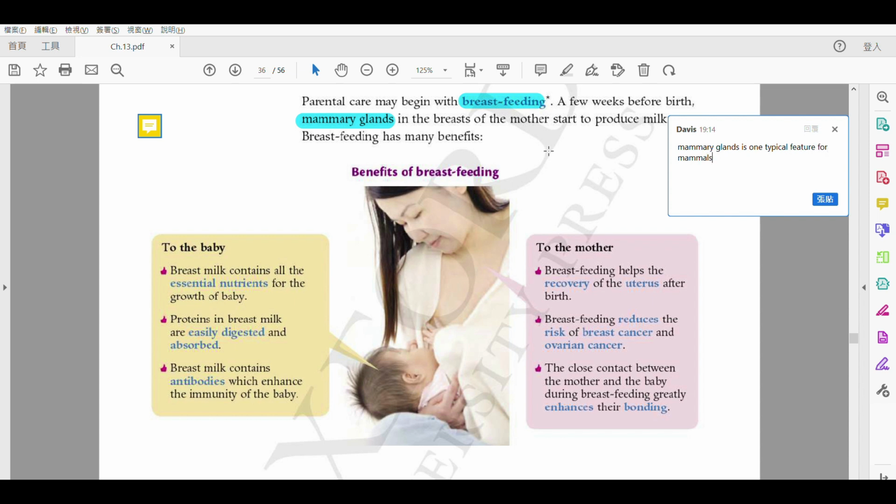OK? Typical 係即係代表特定嘅特色啦，特定嘅一個現象，特定嘅一個特色啦，係 for mammals 嘅。So later in a future chapter, we will need to distinguish 即係分辨啦 distinguish fish, amphibians 然後 mammals OK?